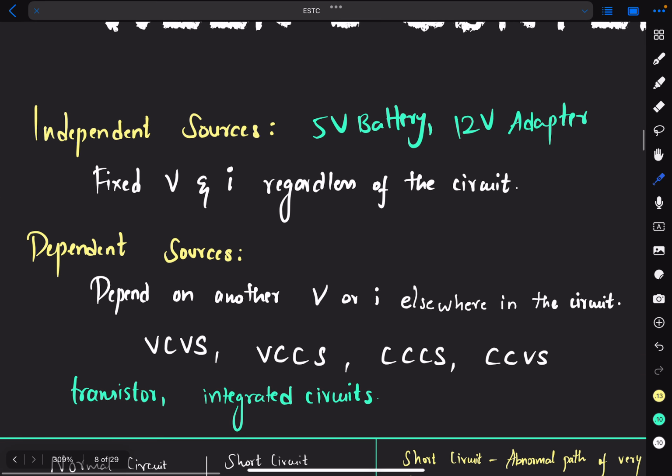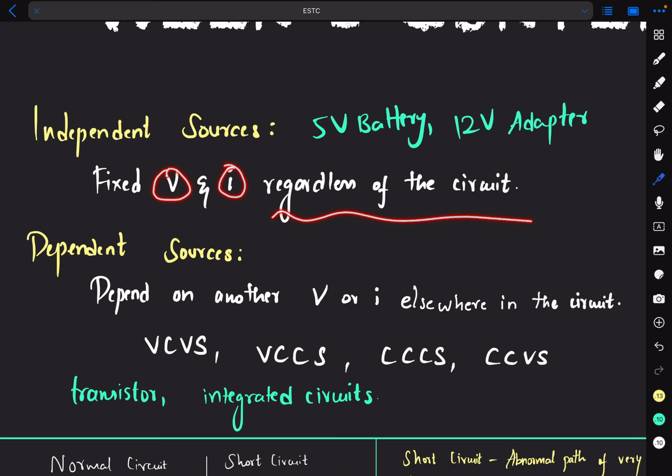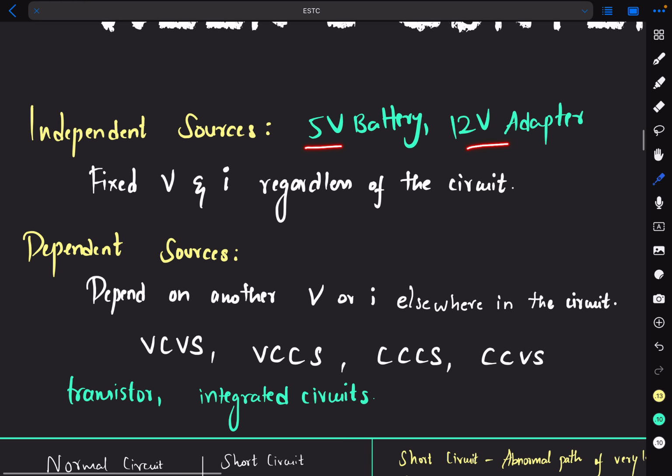Independent sources and dependent sources. Independent sources are the sources where the voltage and current are fixed regardless of the circuit. V and I are always fixed. Like they will be giving you a 5-volt battery or 12-volt adapter, so the voltage is fixed. And the same way, constant current sources will be given, so current also will be fixed.